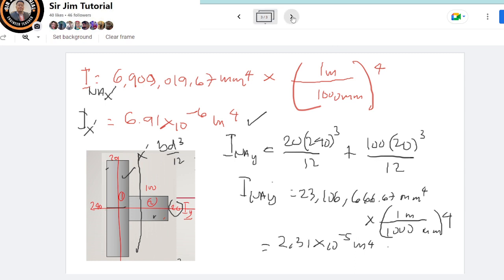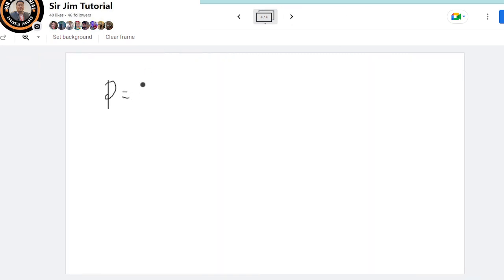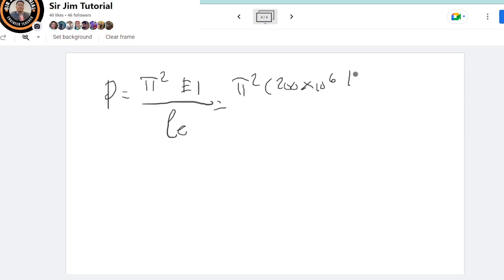So P is equal to pi squared EI all over Le squared. We substitute pi squared, and from the problem E is given to be 200 gigapascal, so I am going to use times 10 to the power of 6 to make it kilopascal. Kilopascal is equal to kilonewton per square meter.